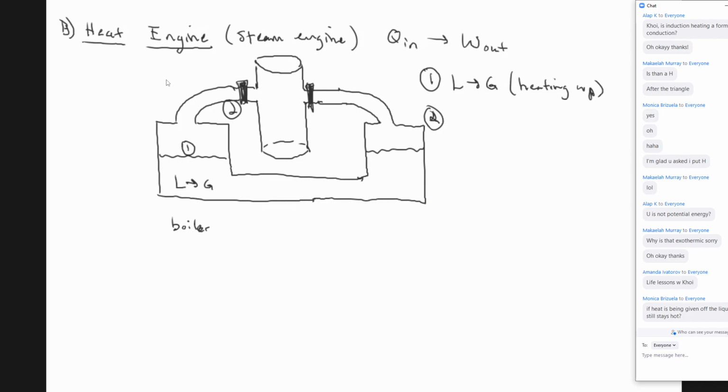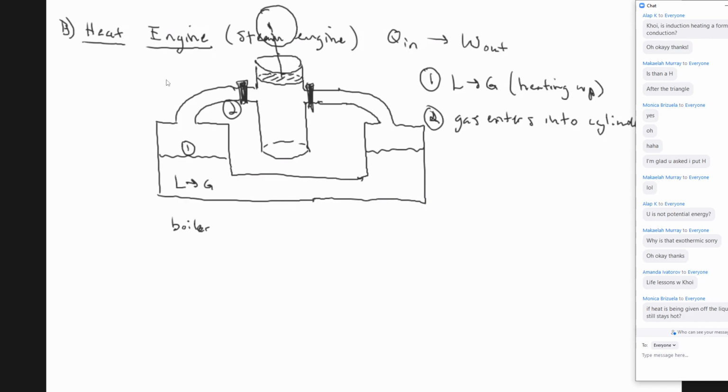That pressure then blows, gas enters into the cylinder. There's a plate here that is then used to turn a crankshaft or a wheel.